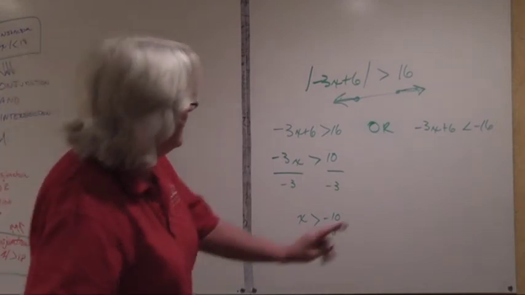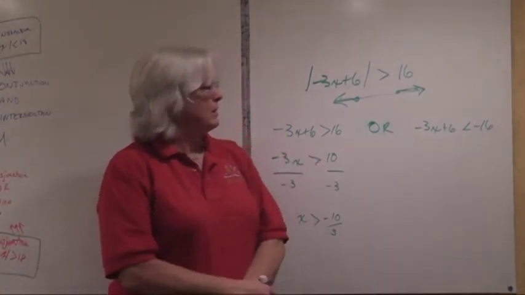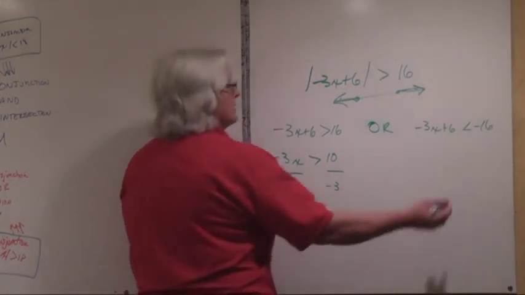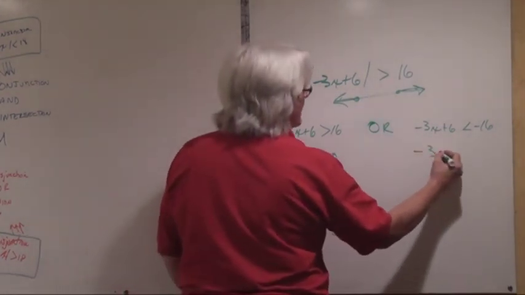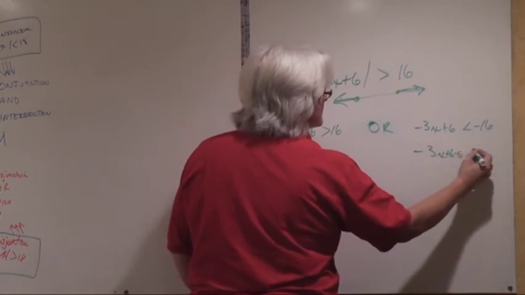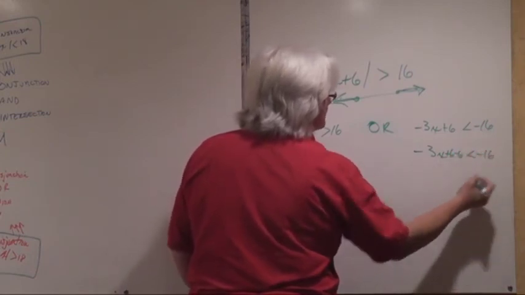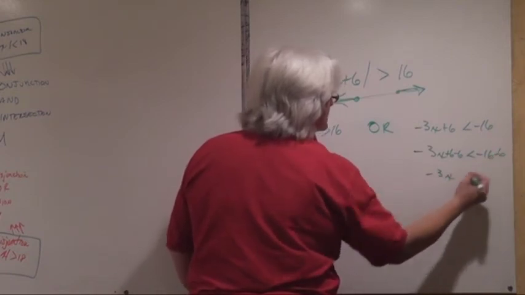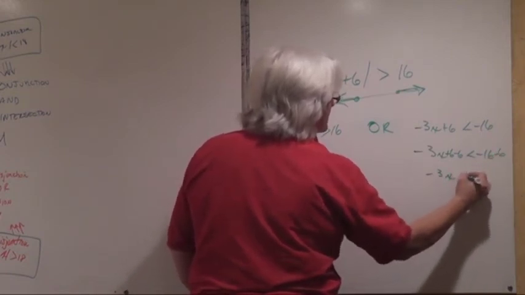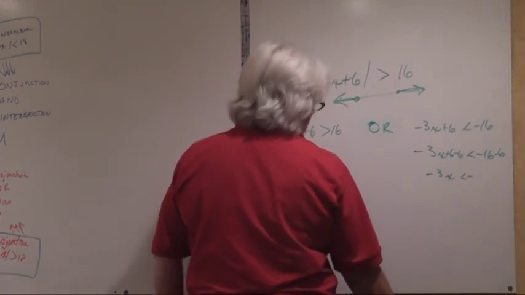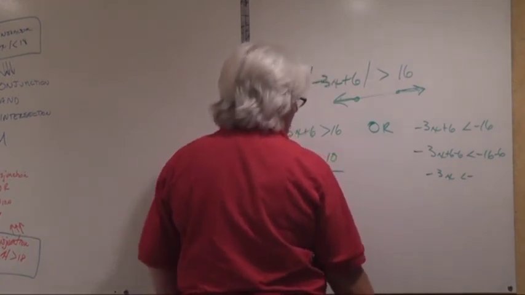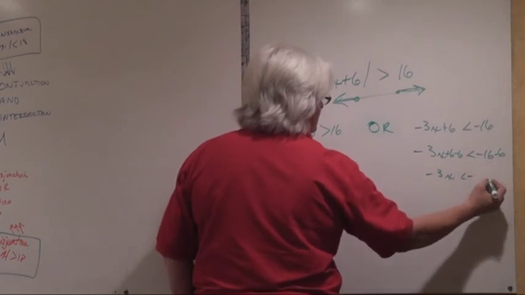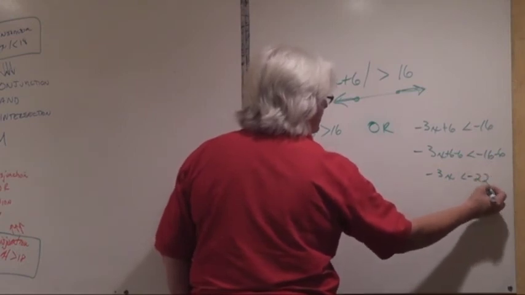Now, let's see what we have over here. We're going to subtract 6 from both sides of the inequality. Negative 3x plus 6 minus 6 is less than negative 16. Negative 3x is less than negative 16 minus 6, which is negative 22.